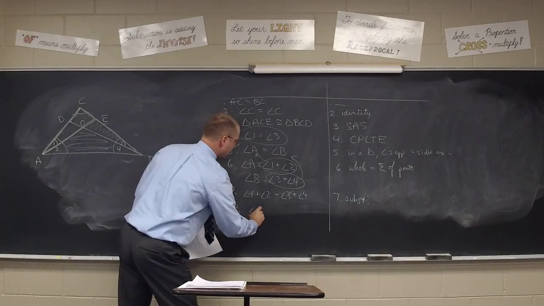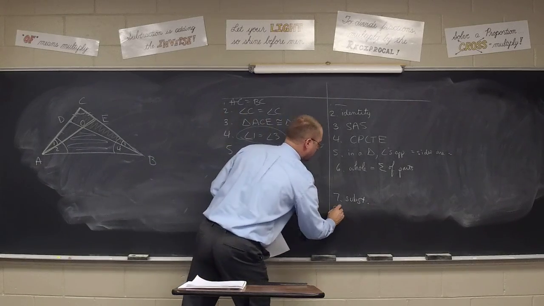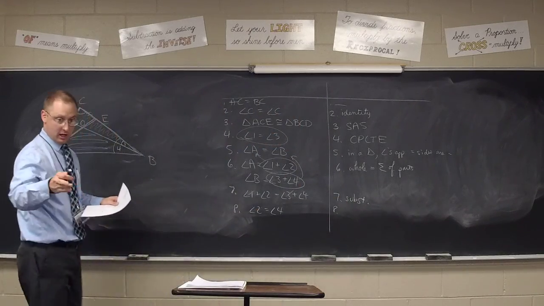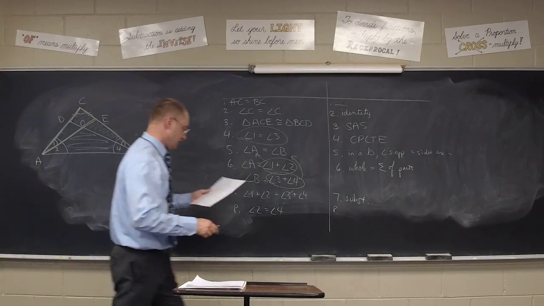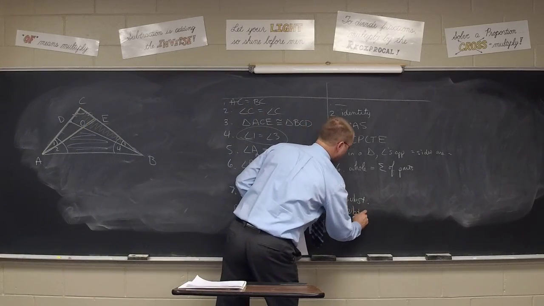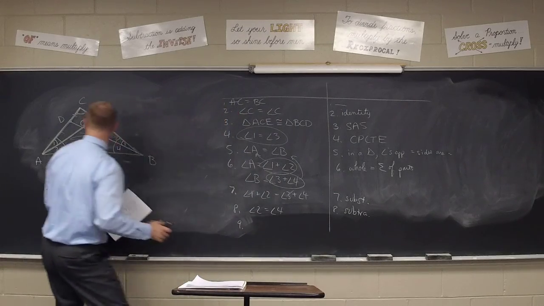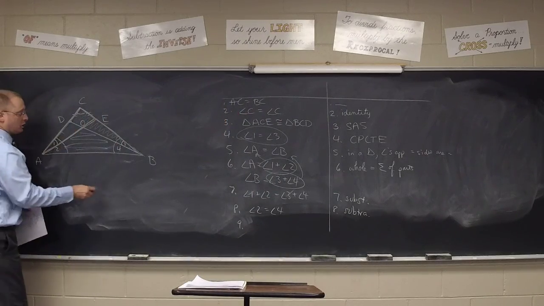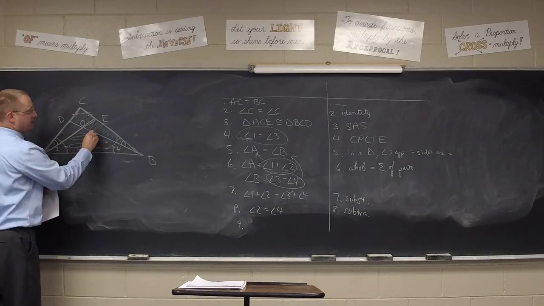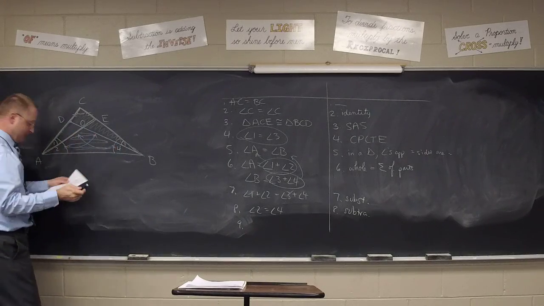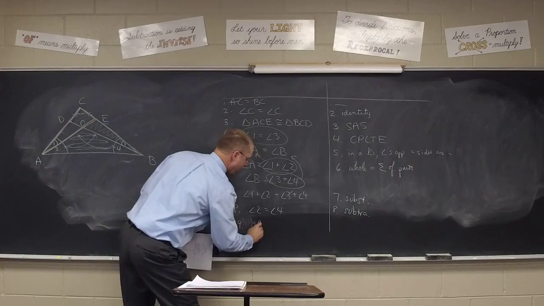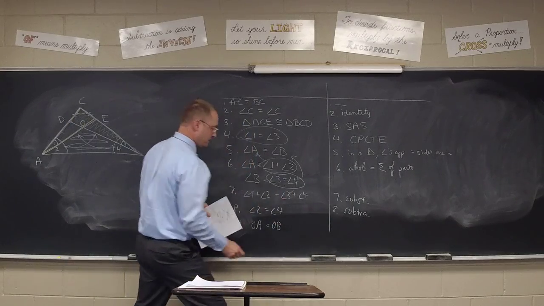number 8, we did have angle 2 equals angle 4, but what's the reason on that one there, Josh? Subtraction. Subtraction axiom, or just subtraction. And if the angle at 2 equals the angle at 4, then this side has to equal this side. So number 9, OA equals OB. Brecken, the reason?